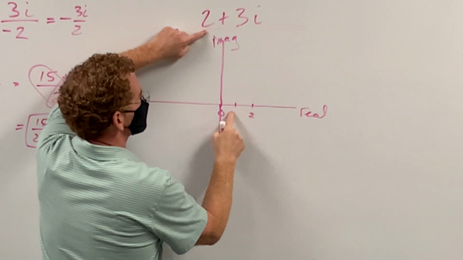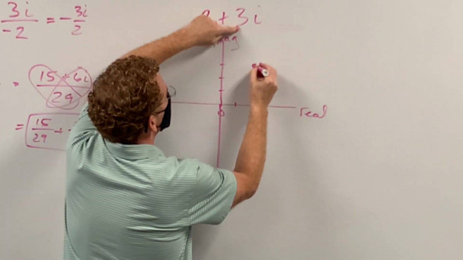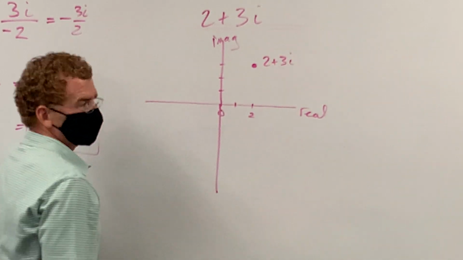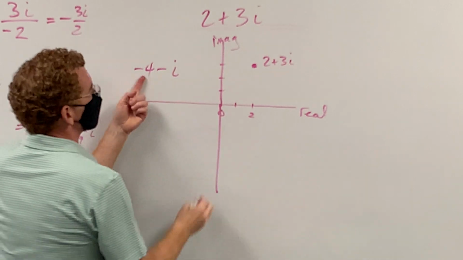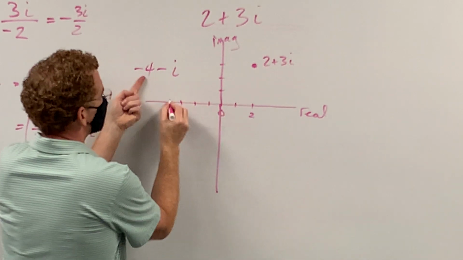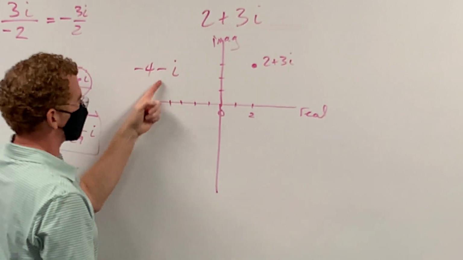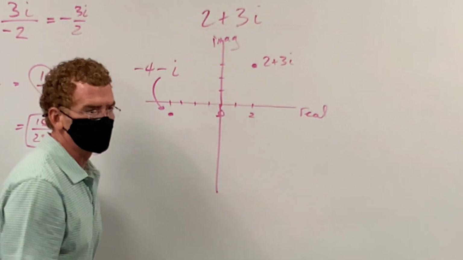So it's saying going over 2 on the real, positive 3 on the imaginary, and that would be 2 plus 3i. If I had something like negative 4 minus i, go, all right, the real part would be at negative 4, but it's not just a number line, it's got an imaginary part, so down 1, and that would be negative 4 minus i.